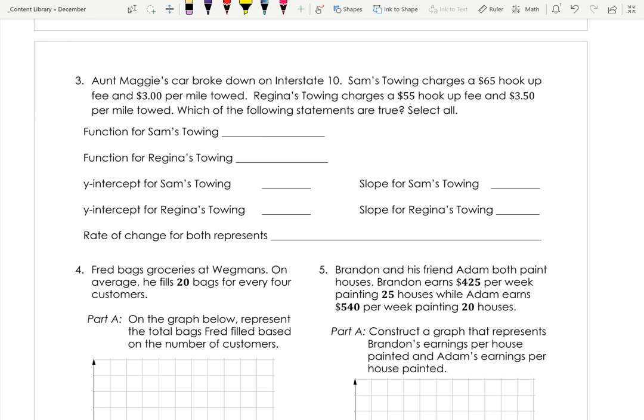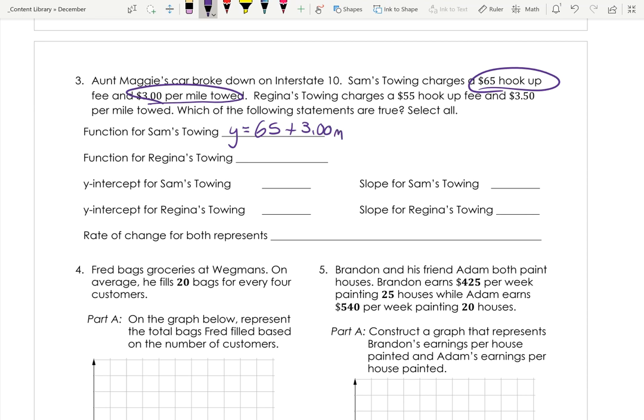So the function for Sam's Towing. So Sam's Towing, $65 hookup fee and $3 per mile. So Sam's Towing will be like y equals, and you can write it a couple different ways, but I'll follow the train of thought here. It's got $65 hookup fee plus the $3 per mile.